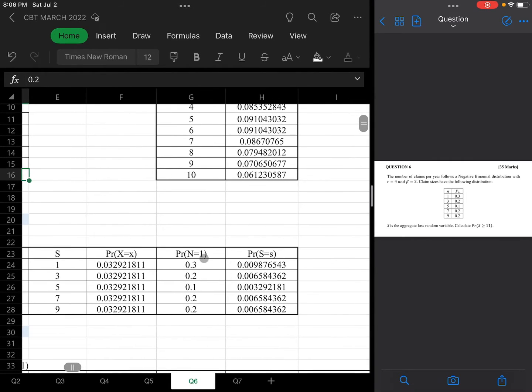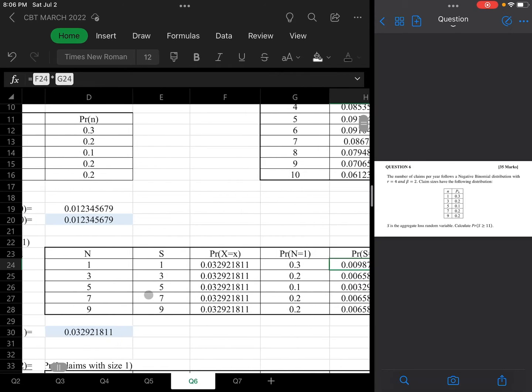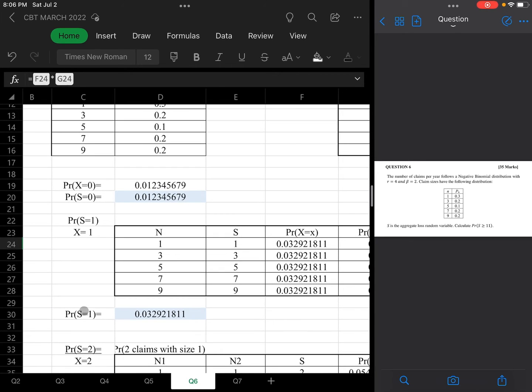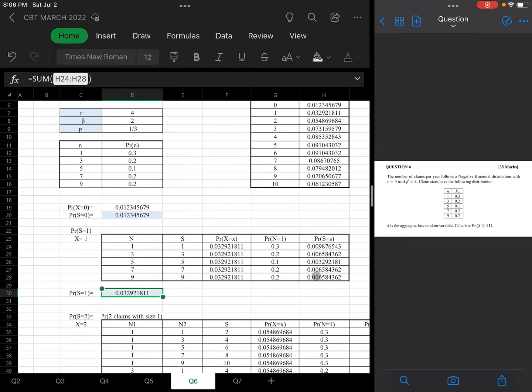After that, we can find the probability of s equals s by multiplying the probability of x equals x times the probability of n equals 1. So we get these answers for all of the combinations here. Then the probability of s equals 1 is the summation of all of these values. So we get the final answer as 0.032921811.